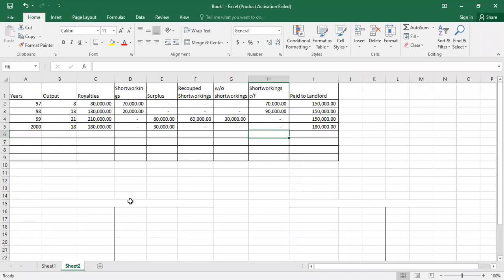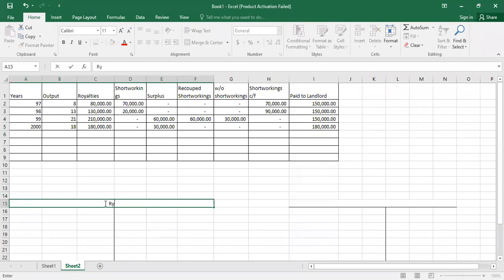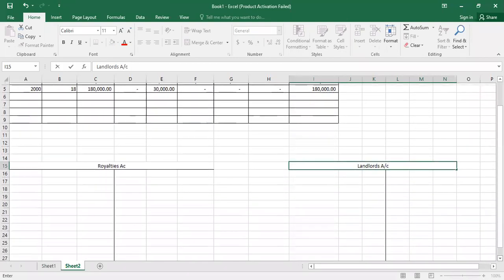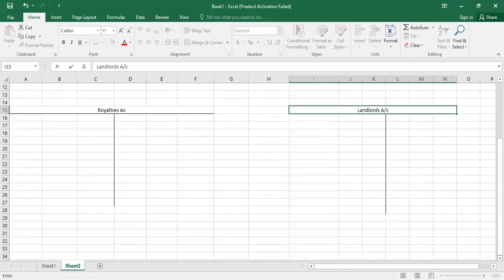So we have the royalties account. We have the landlord's account. The other account that we need to have is the shortcomings, because we have the shortcomings.